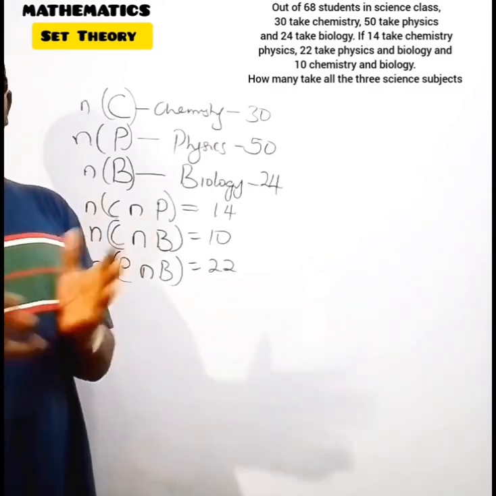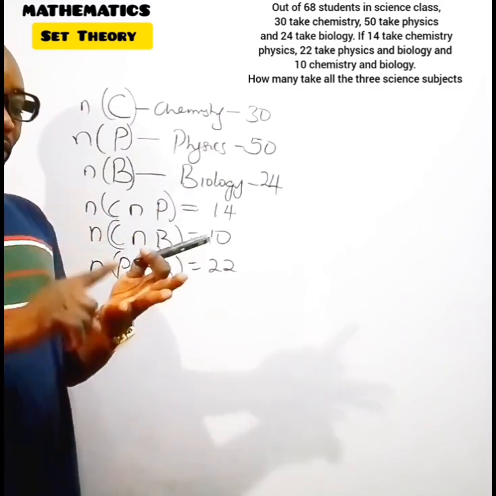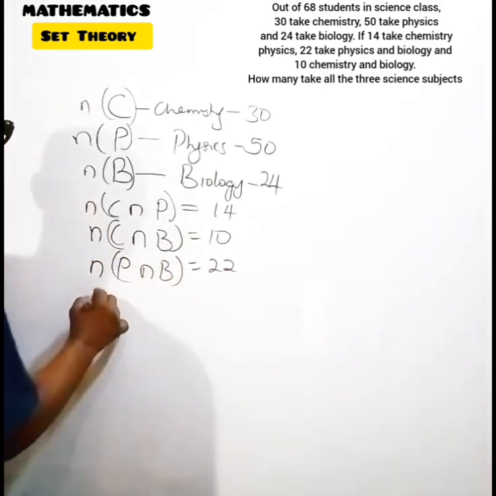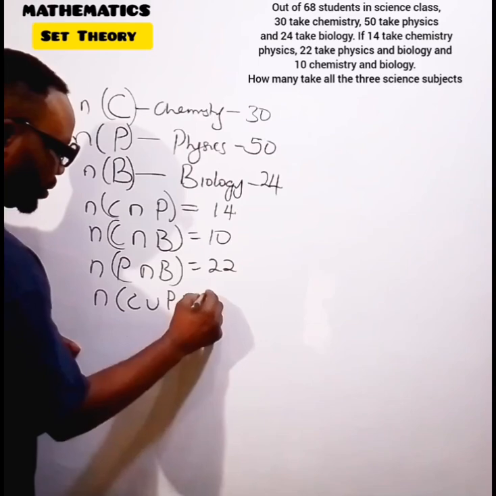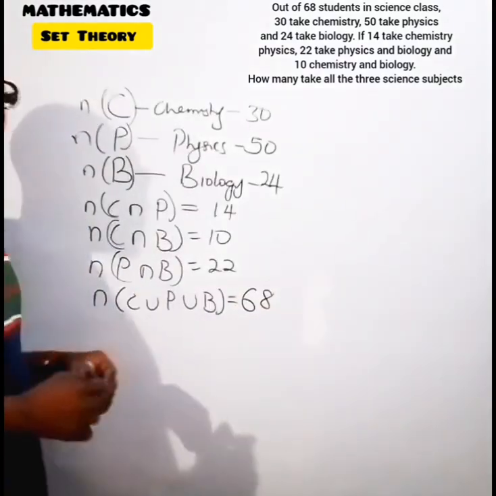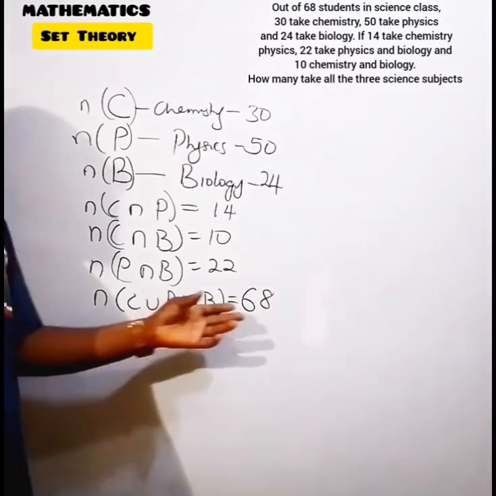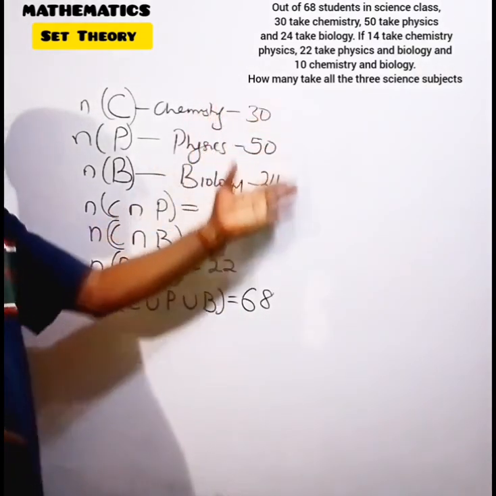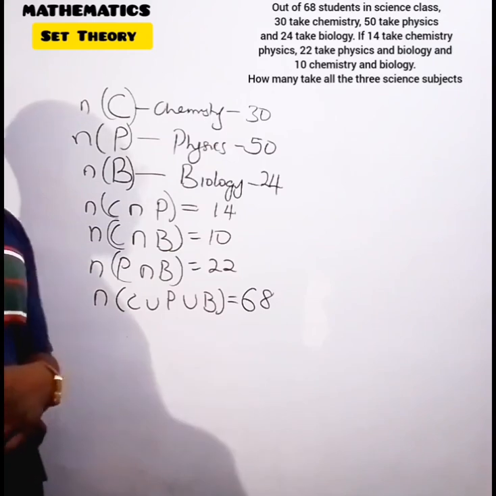So the number of chemistry union biology union physics is equal to 68. Don't forget, the question reads out of 68 students in the science class. Then they gave us all this information that we have written out here.